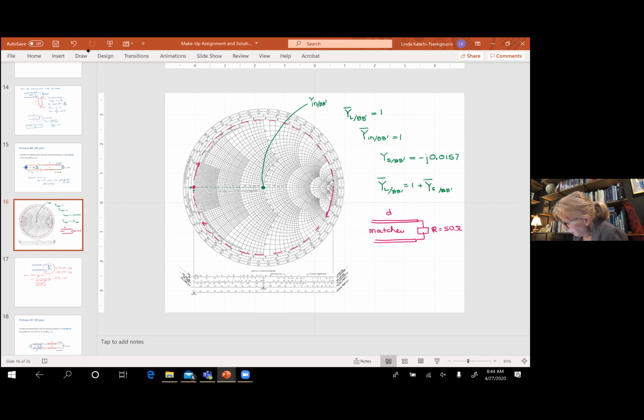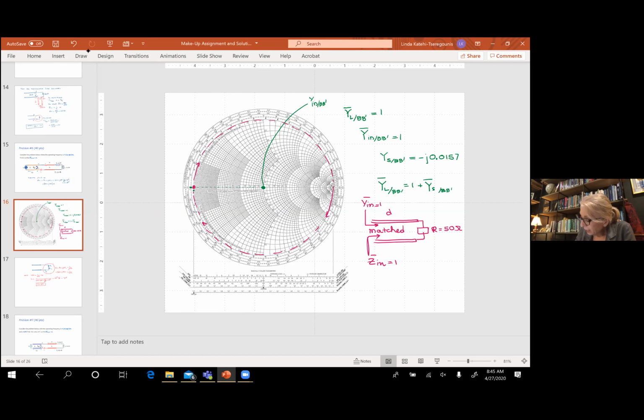So at any point on this line, this input impedance here, normalized, is going to be 1. Or admittance, if you want to use admittances, normalized is going to be 1. So that always comes out to be the case, and you don't even have to do any calculations like I did before to see that it also comes out in the form of calculations.